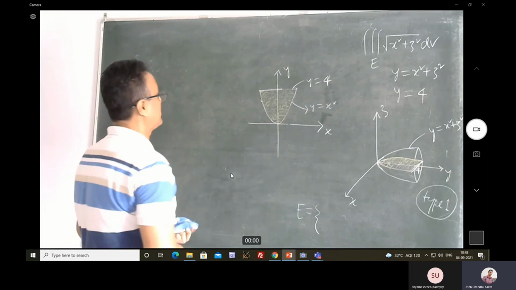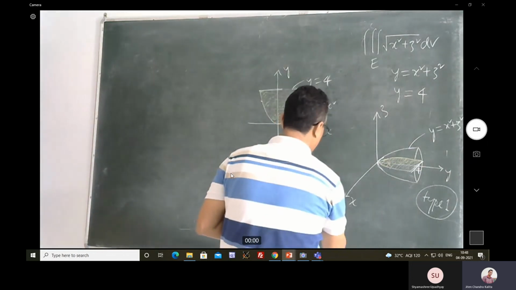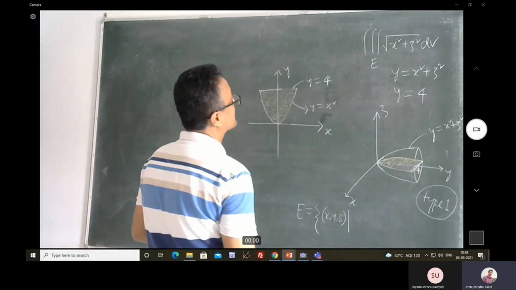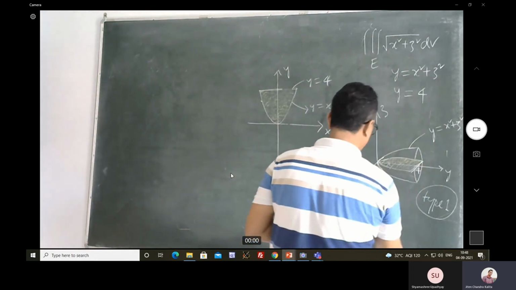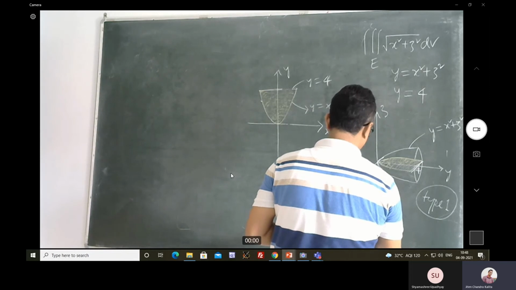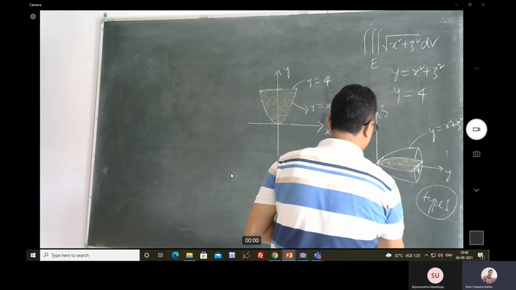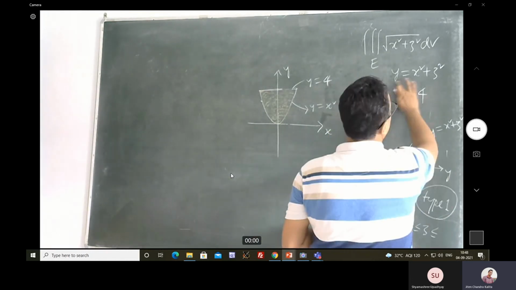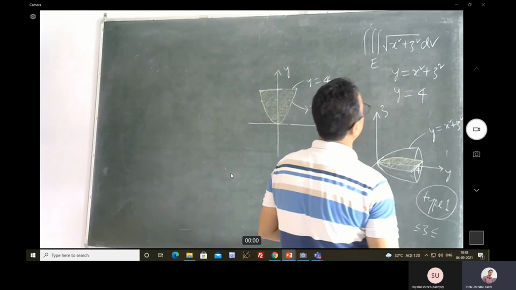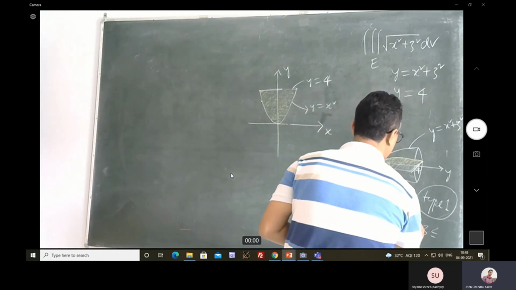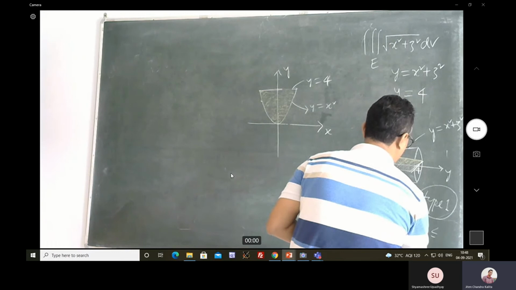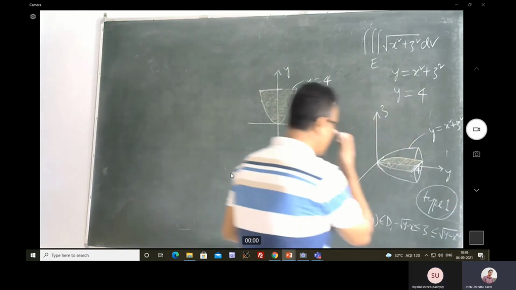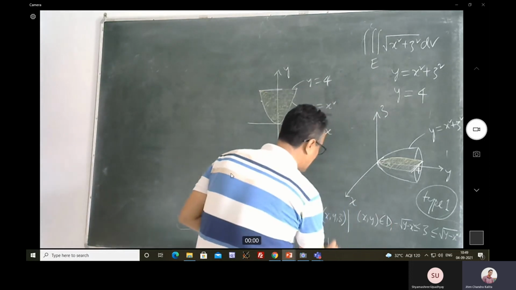So then my E would have been the set of (x, y, z) such that (x, y) belongs to D, and z goes from minus square root of y minus x squared to plus square root of y minus x squared.